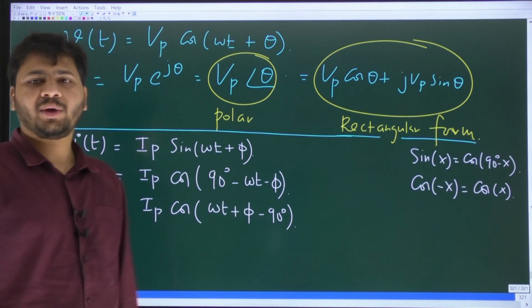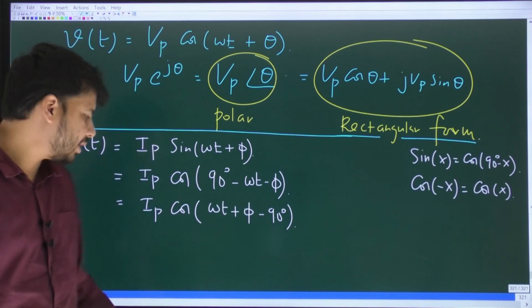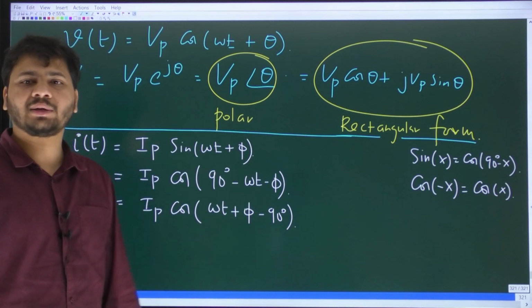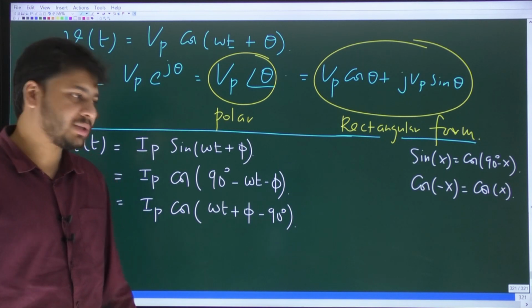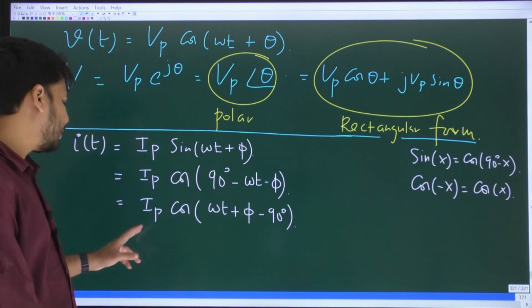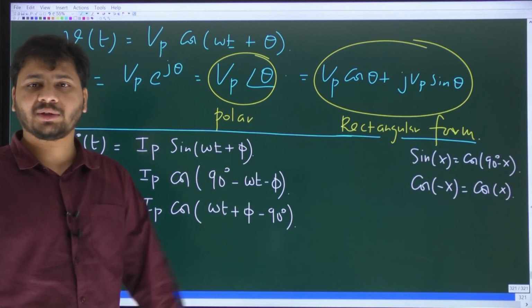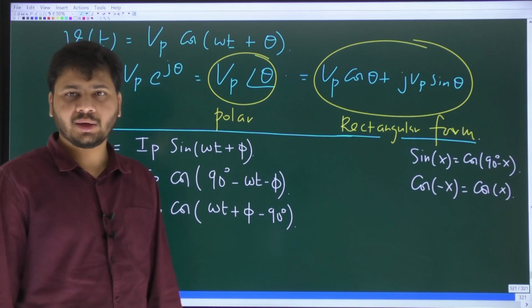Again, Ip cos alpha. Let us call this entire thing alpha. Ip cos alpha, is it not the real part of Ip e power j alpha? Yes or no? If I call this entire angle alpha, then Ip cos alpha is the same as the real part of Ip e power j alpha.